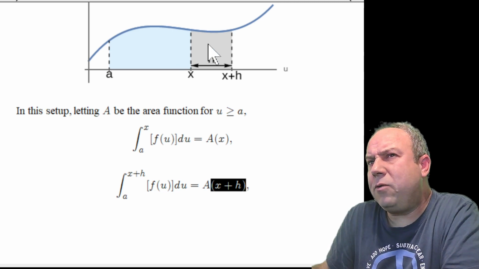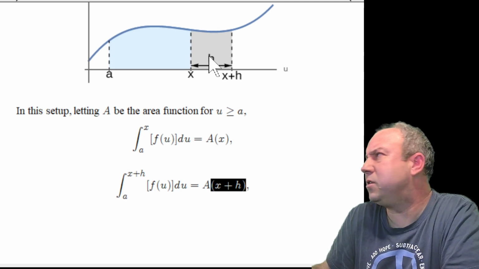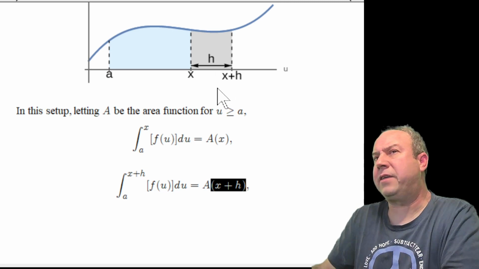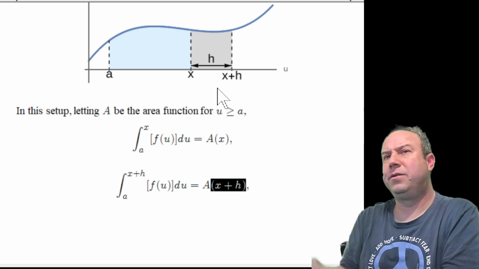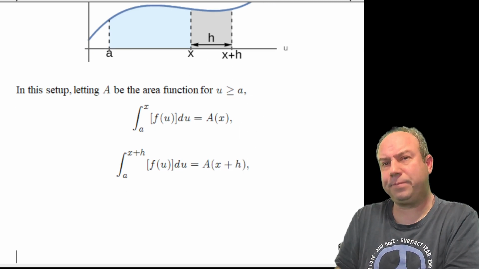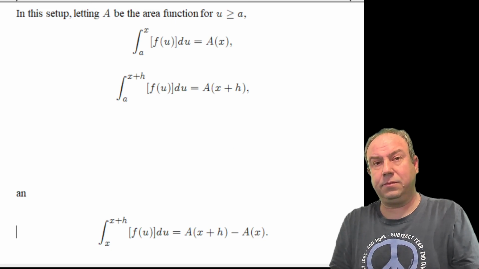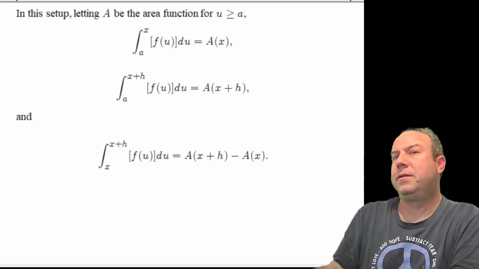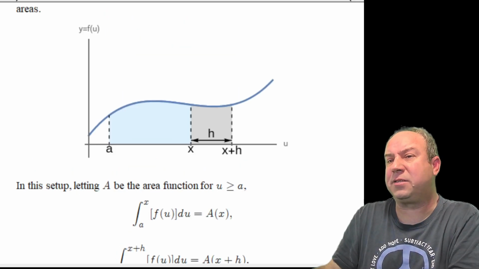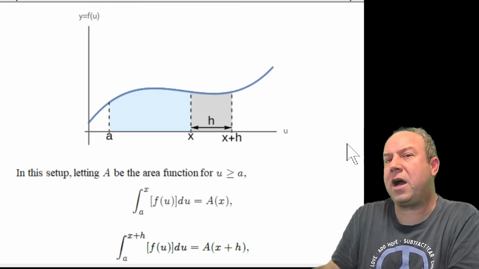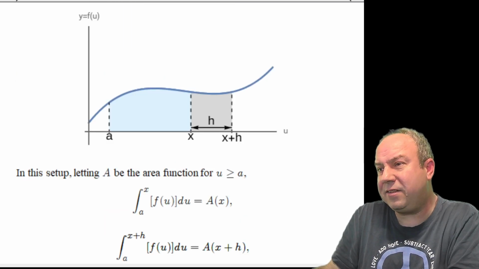And if we think about what would be the area of this little shaded region here at the end that I have shaded in gray that stretches for the length of h, that stretches from x to x plus h. It would be given by the definite integral from x to x plus h, again, because we understand that the definite integral describes area trapped between the curve.